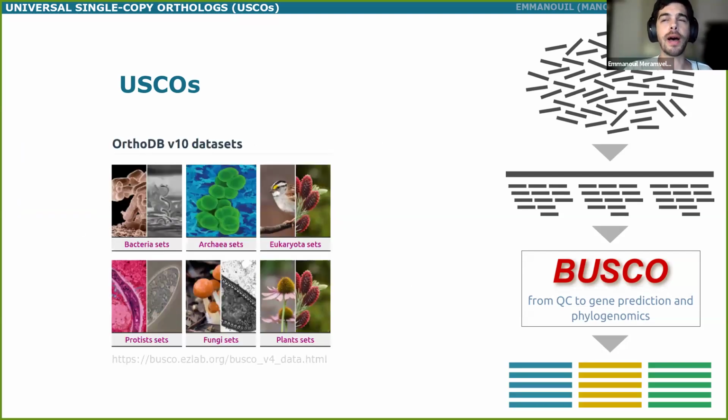However, the BUSCO pipeline relies heavily on OrthoDB and the BUSCO datasets that exist within this database, which, if you work on higher taxonomic ranks, is perfect.